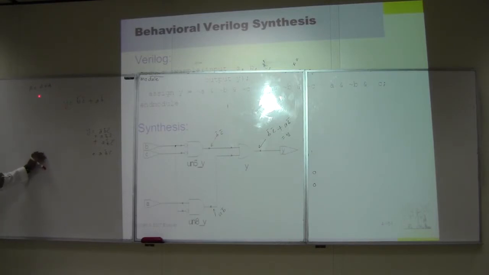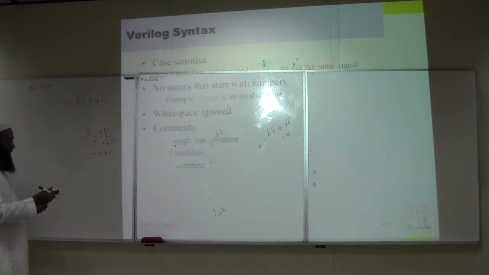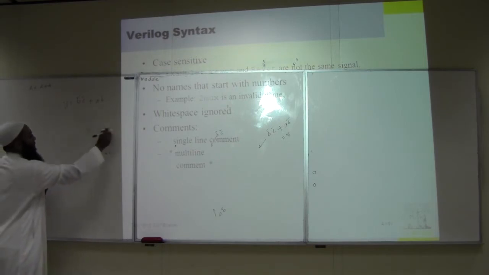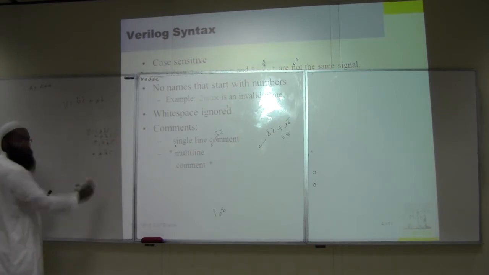A or A is A, so if you go from left to right, A is the same as A or A. You can bring an extra A, no problem, it will not change the result. So I have one A, B bar, C bar, I put another one, the result will not change. Now you can take common from here.